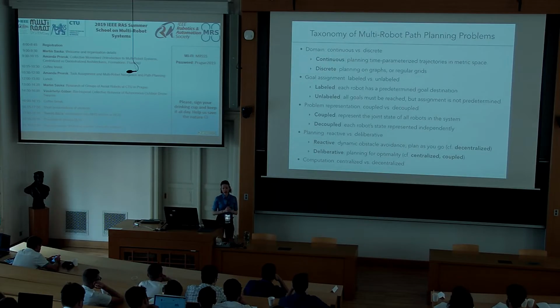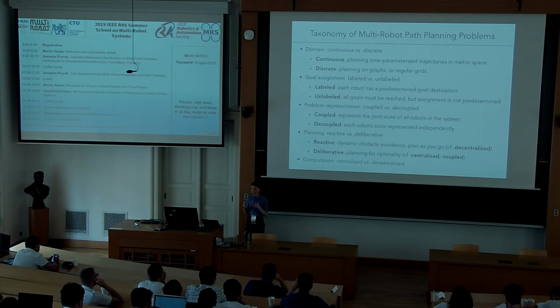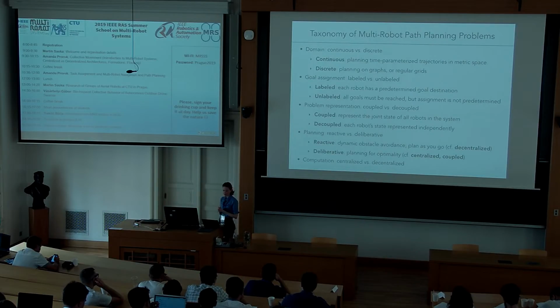And then finally, we have the planning domain, where we have algorithms that are either reactive, so based on dynamic observations, or that are deliberative, so classical planning mechanisms where we're trying to plan for optimality in a very explicit manner.